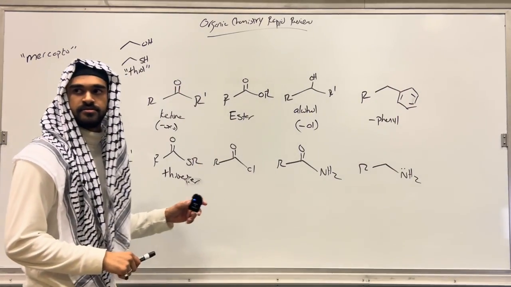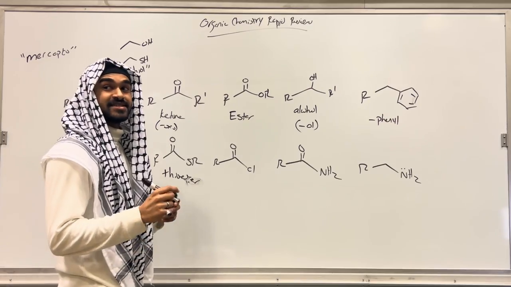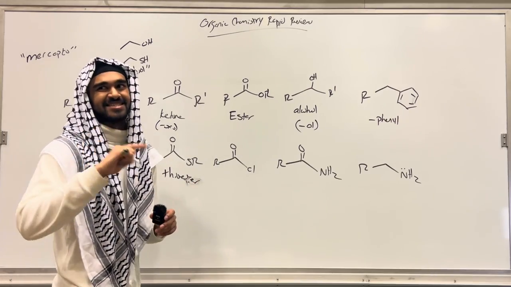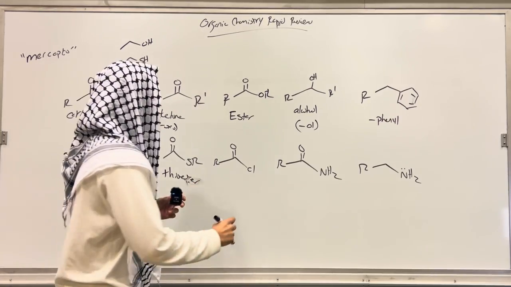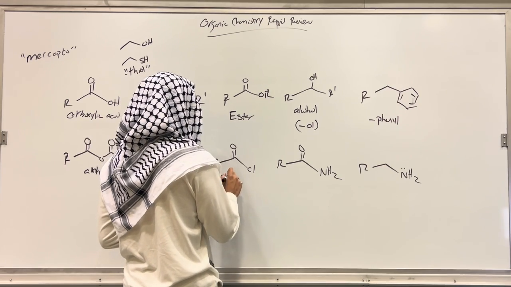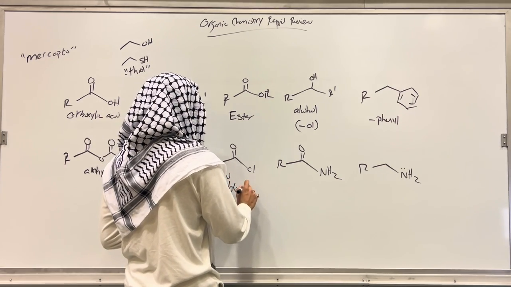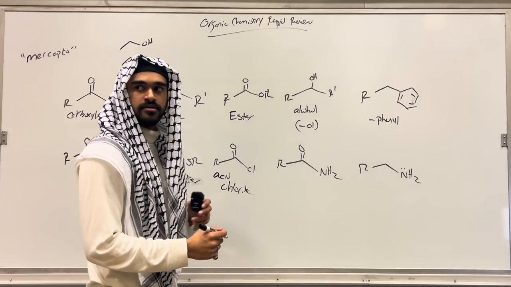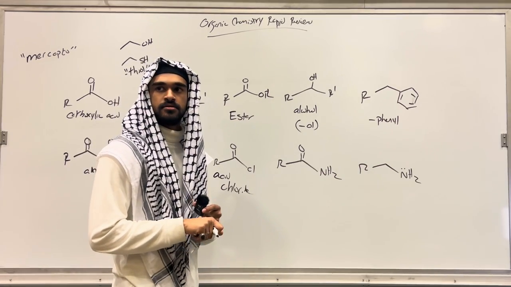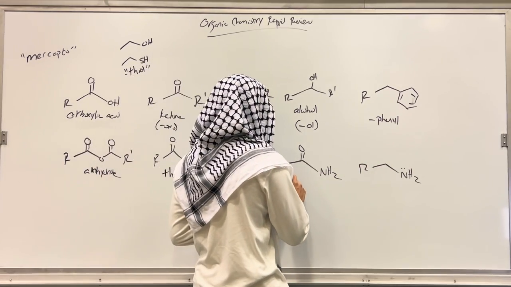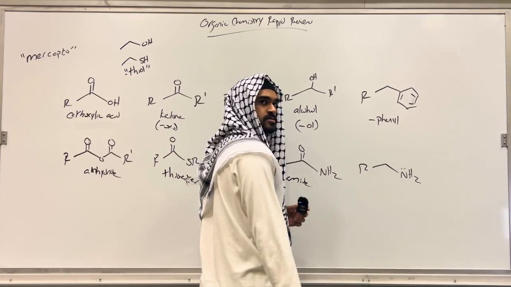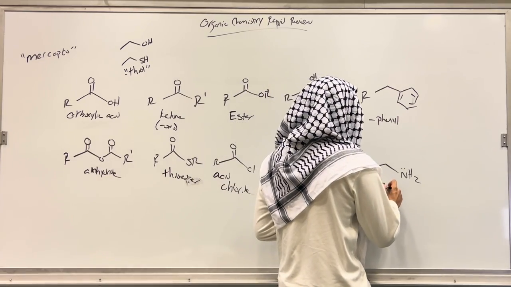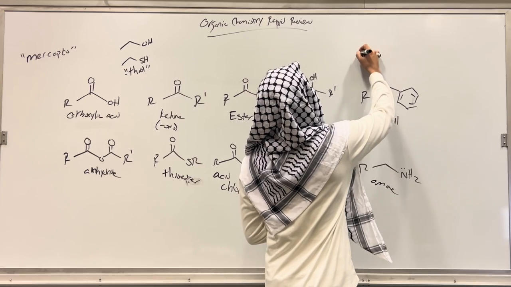What's this? Acid, specifically chloride, but yes, if it were any of the halogens, it would be an acid halide. So this is an acid chloride. That? Amide. And this? An amine. What about this?